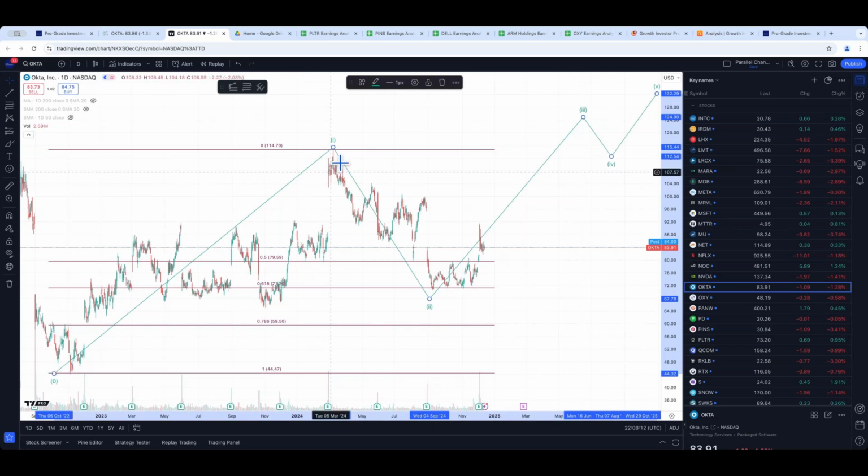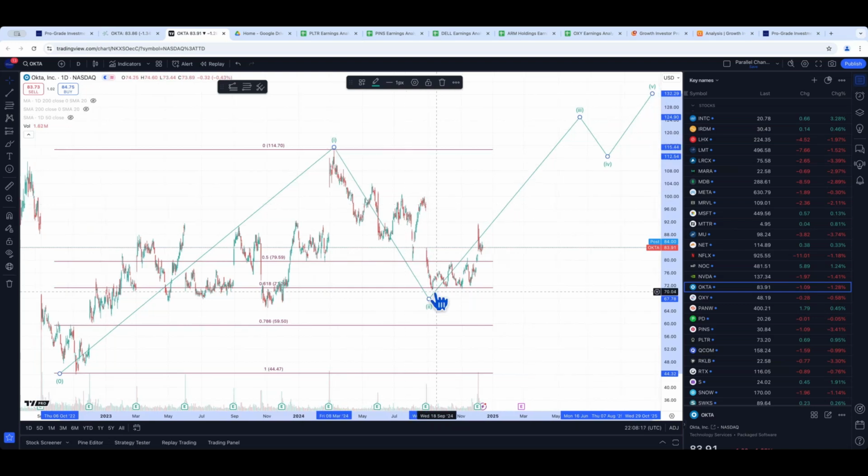Here's your 2024 high, 115. And if you look at what it's done, it's dropped down, and it's held really nicely between 10th of September and the 19th of November, so over 2 months, at exactly this 61.8 retrace.